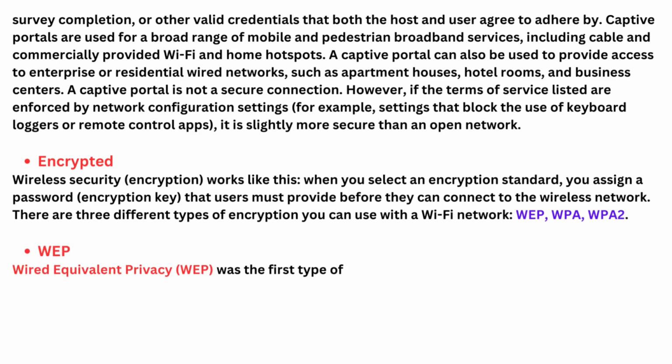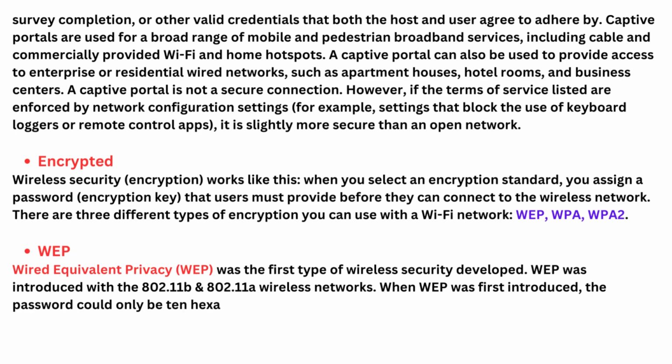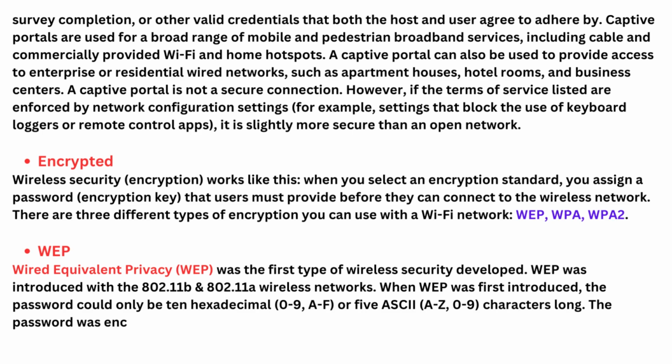WEP was introduced with the 802.11b and 802.11a wireless networks. When WEP was first introduced, the password could only be 10 hexadecimal characters, 0 to 9, A-F, or 5 ASCII characters, A-Z, 0 to 9, long. The password was encrypted as a 64-bit key.